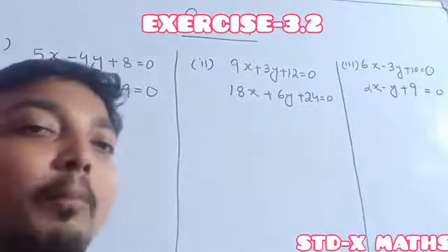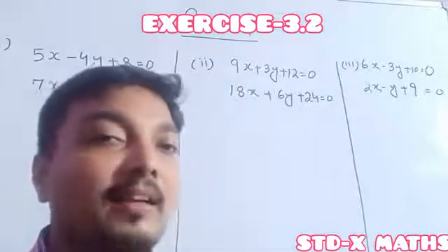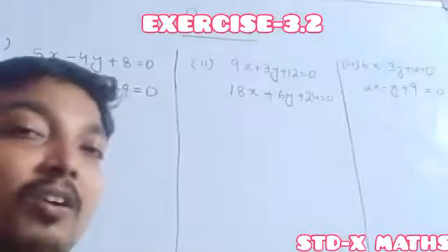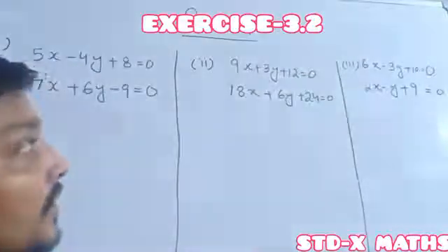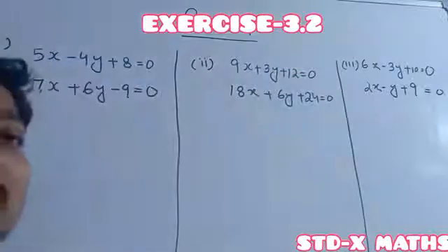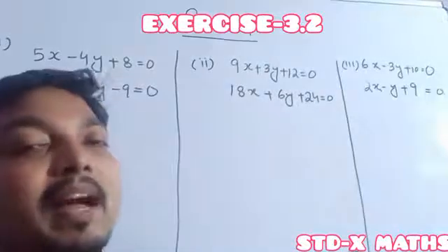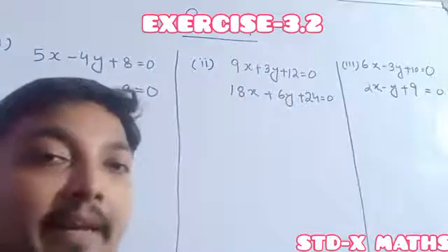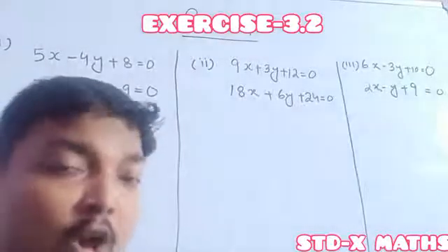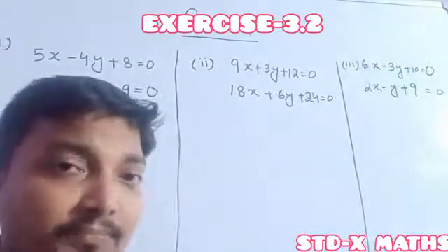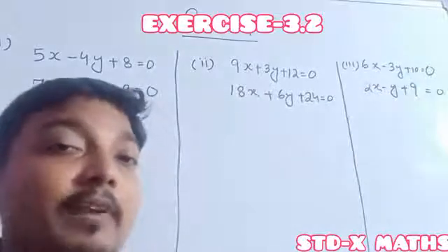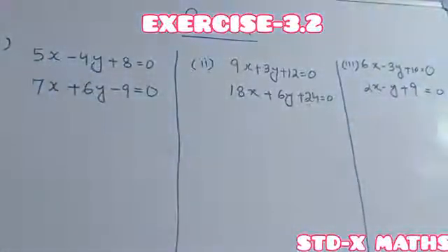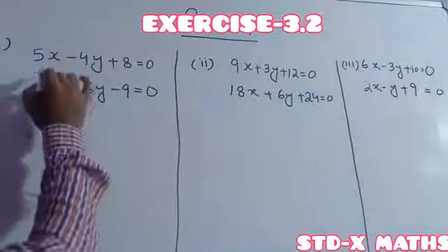Compare the ratios of x, y and the constant term of the pair of linear equations, and say whether the graphical representation will be intersecting, parallel, or coincident. So we have to check the ratios of all.